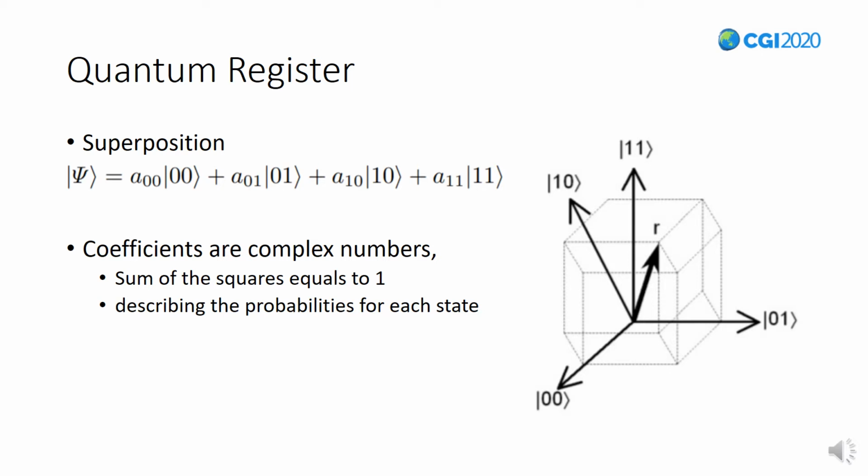And again, the coefficients A00, A01, A10, and A11 are complex numbers. Again, the sum of their squares equals 1, and the squares of the coefficients describe the probabilities for each state.